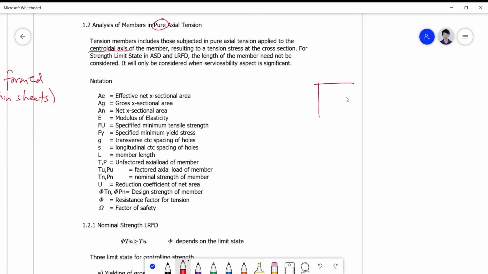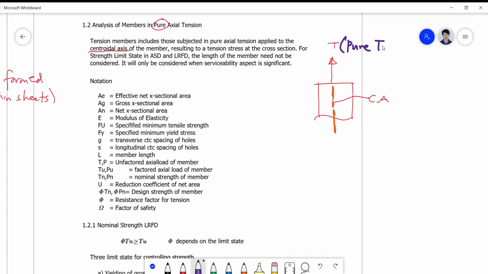The passing of such force of tension, which is basically at the centroidal axis of the member, is a restricting factor that makes your behavior purely in tension.